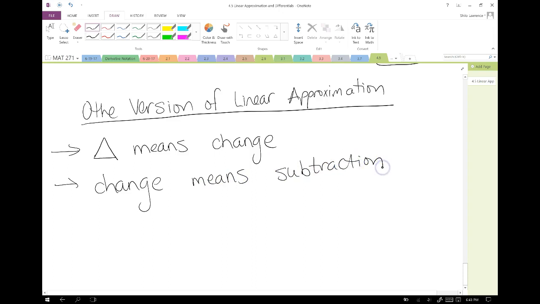And there's a lot of subtraction in that formula we just saw. So we're going to be replacing some of that subtraction with our triangle symbol. And that triangle symbol has a name. It's delta. It's the Greek letter delta.